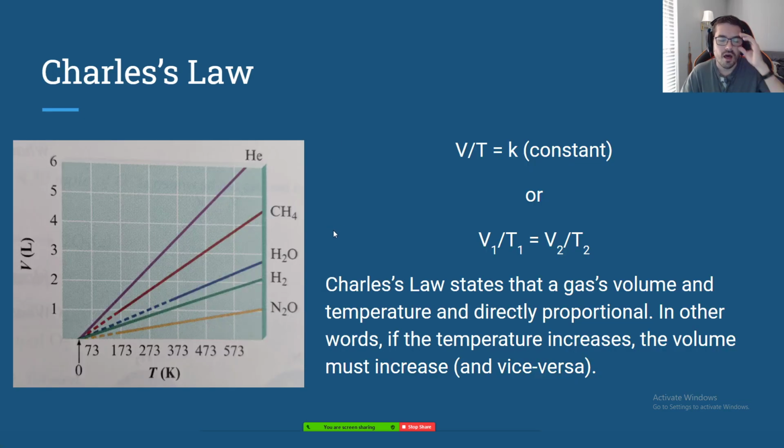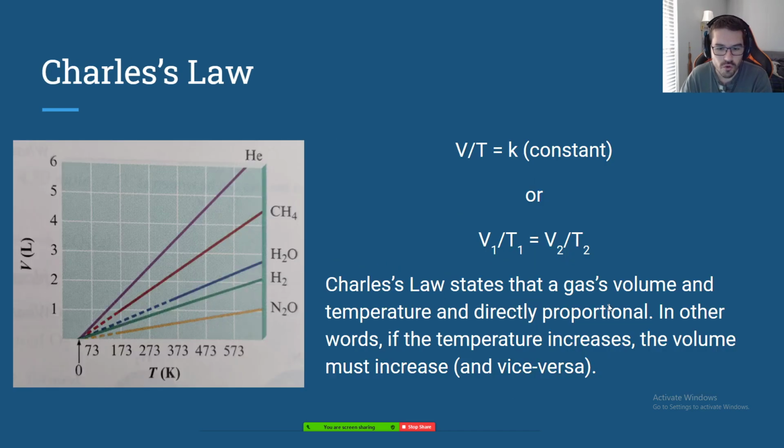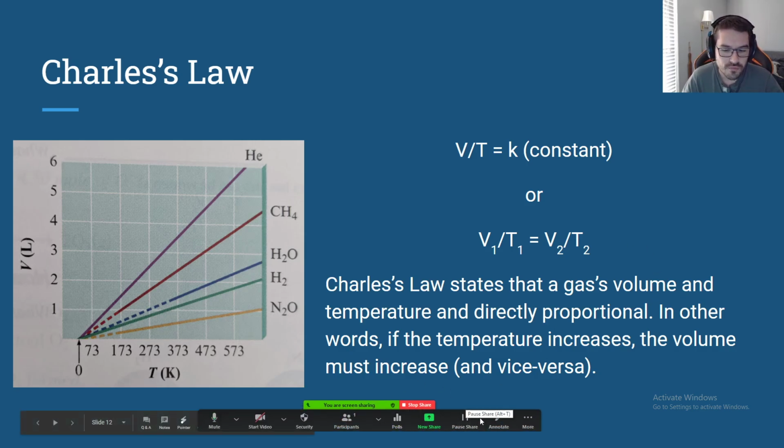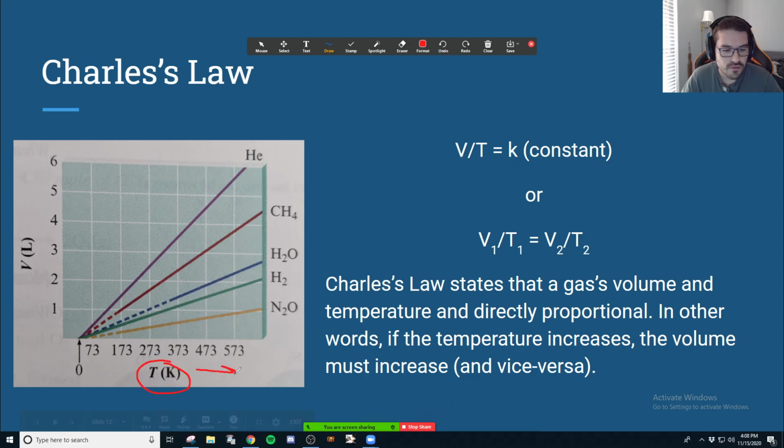All right. Another law is called Charles's law. This one is a little bit more straightforward. Charles's law states that a gas's volume and temperature are directly proportional. So not inversely proportional, but directly proportional. What this means is that if you heat up a gas, if the temperature increases, then its volume is going to have to increase as well.